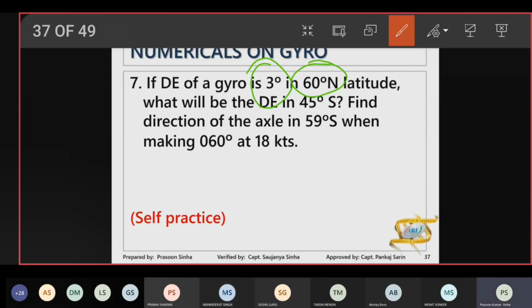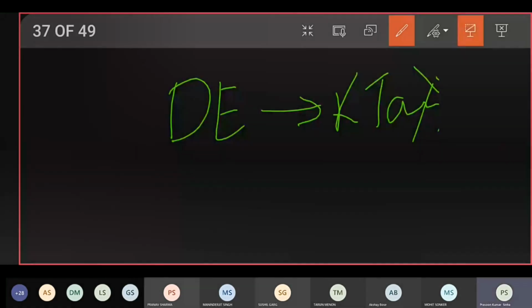So in the ratio in which tan of the latitude is changing, the DE will also be changing in the same ratio. That means if we have DE in a given latitude, A tan lat, it will change in the same ratio for any other latitude, which will be a function of this tan of latitude.